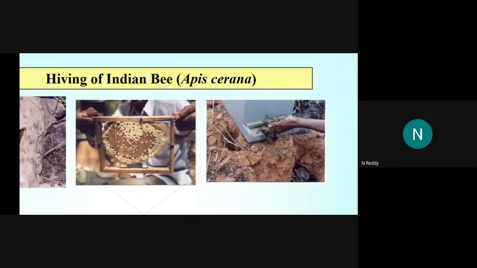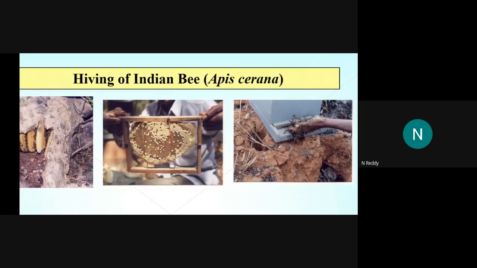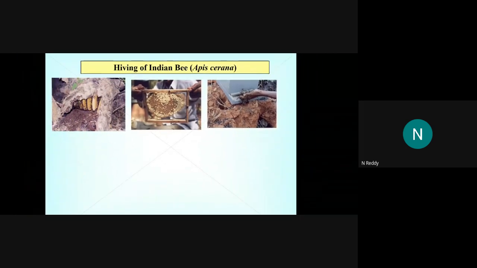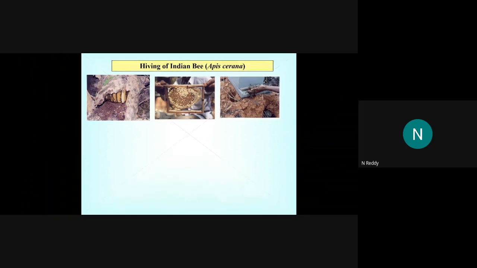Before doing this, a few precautions we have to take care of. That is, we have to be very clean. We should not have any very strong or pungent odor on our body. We should not use any deodorant or any smell.